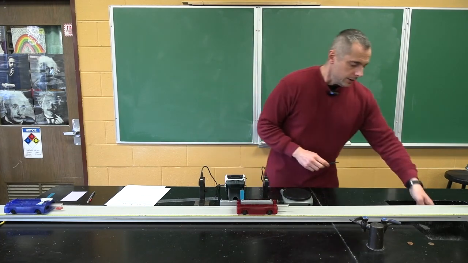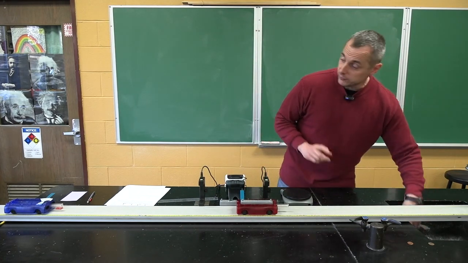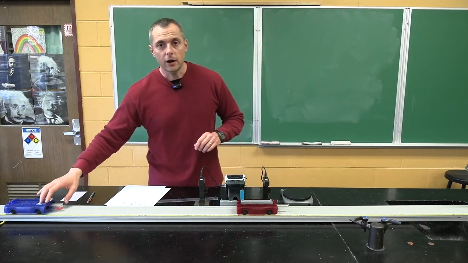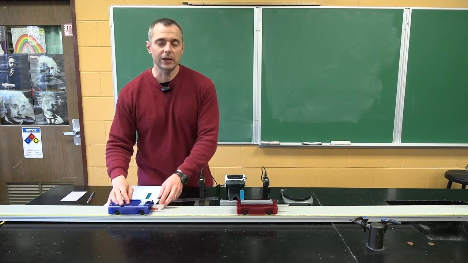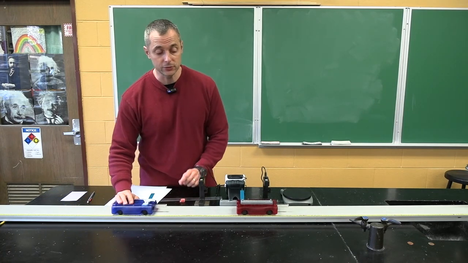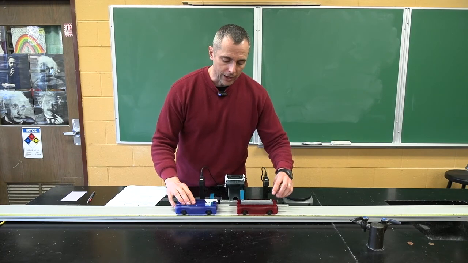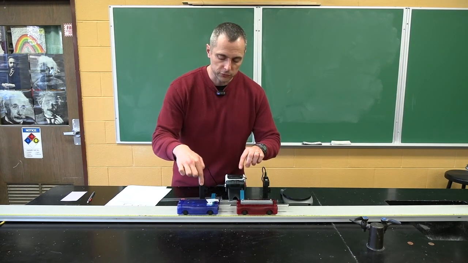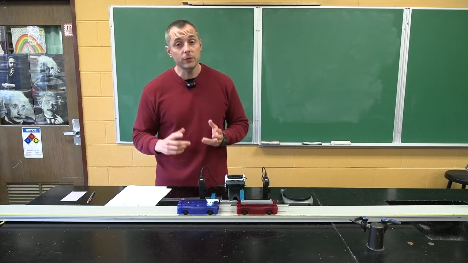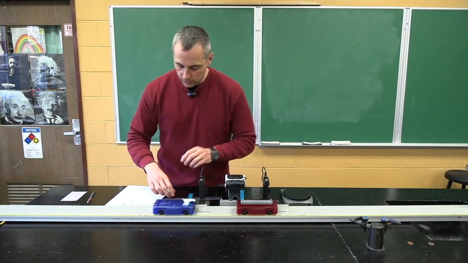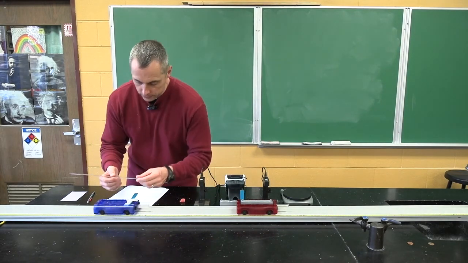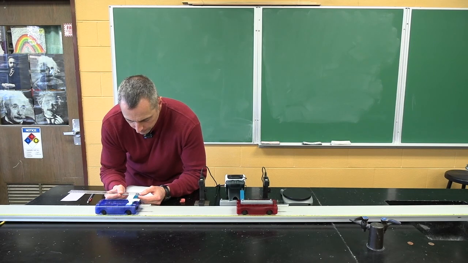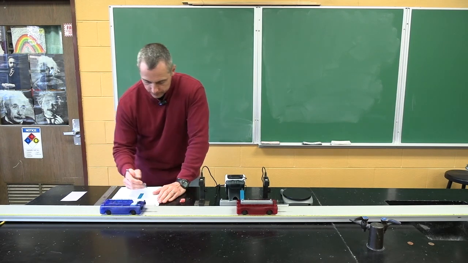But here's a thing that's different in this lab. Because the cars don't stick together, they're always moving independently throughout the lab, we have two different plastic strips, one for this car, one for that car. So we've got to measure them both. So I will do that now as carefully as I can. And this is 1.61.